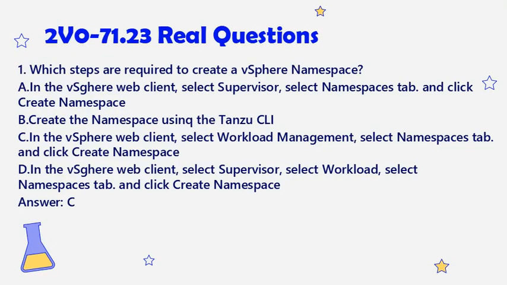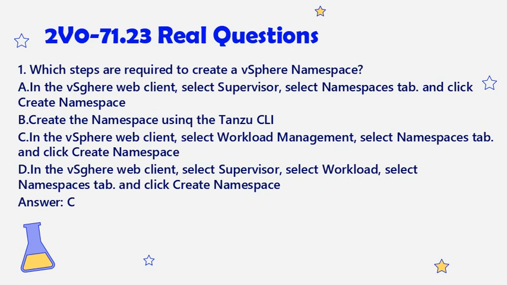1. Which steps are required to create a vSphere namespace? A. In the vSphere web client, select Supervisor, select Namespaces tab, and click Create Namespace. B. Create the namespace using the Tanzu CLI.